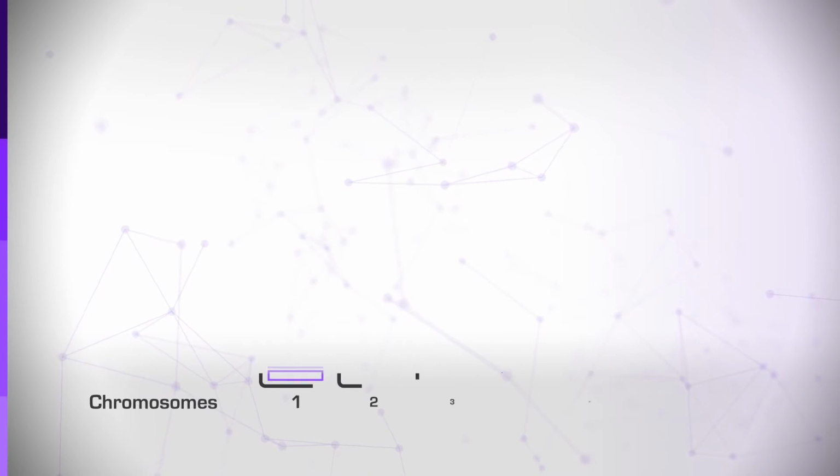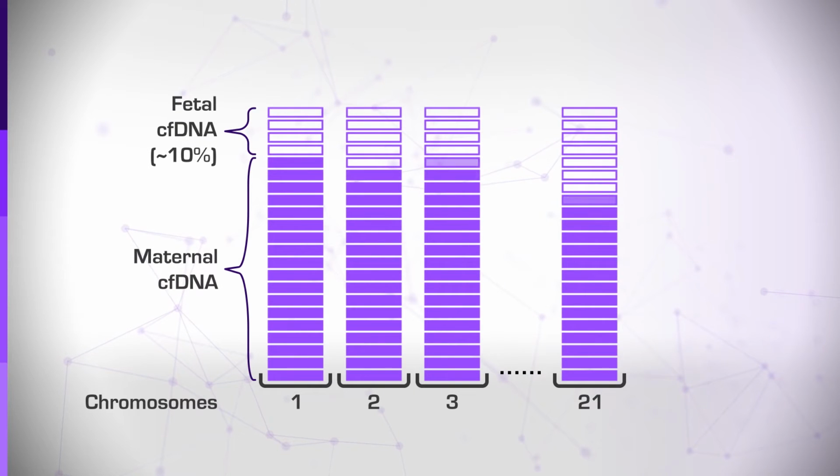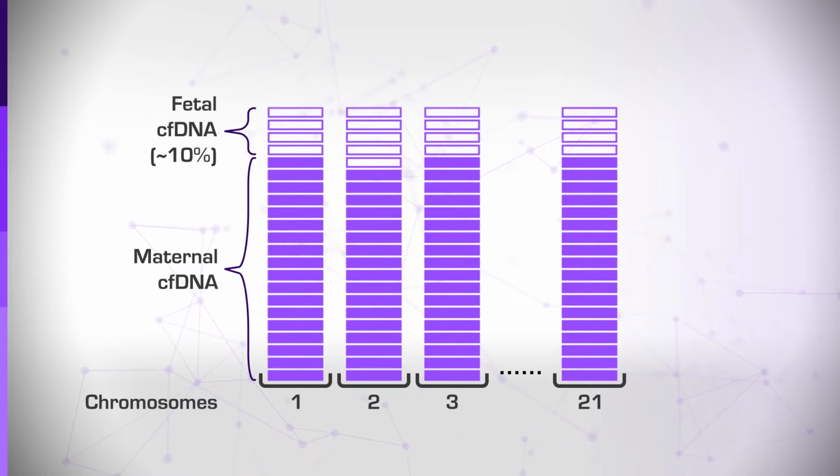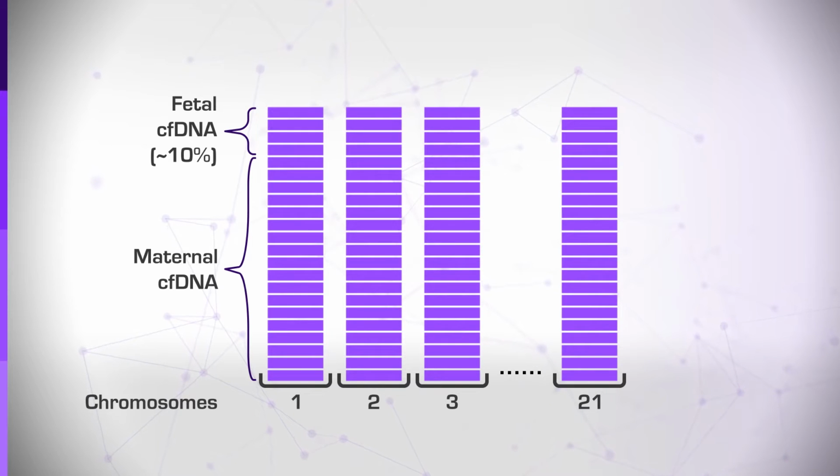Now, let's see what would happen in the case of a healthy fetus. Each chromosome will be mapped after normalization by the length of the chromosome, and roughly uniform coverage will be observed, with about 10% of the reads coming from the fetus. Note that we don't care which read comes from the mother and which from the embryo, making the analysis that much easier.